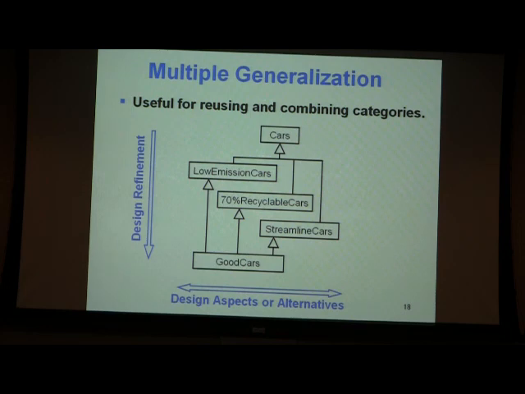Let's say good cars extends 70% recyclable and streamlined cars. And there are two other classes that would accept these good cars, but one would take it as 70% recyclable, the other as streamlined cars. How can you deal with those situations?